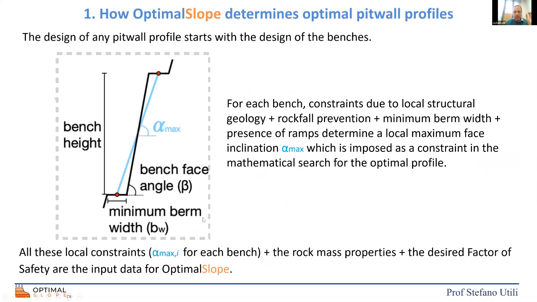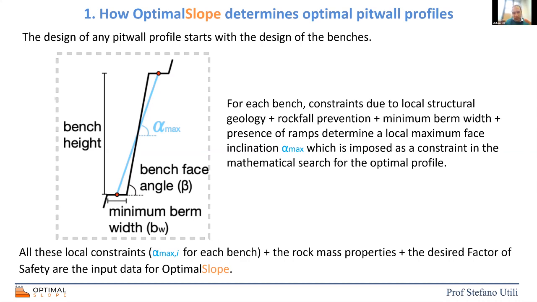In terms of bench design, I just want to quickly say that it is business as usual, and bench design means that a bench height will be specified together with the bench face inclination and the minimum berm width, according to several considerations: rockfall prevention, and a minimum berm width that also allows drill and blast.